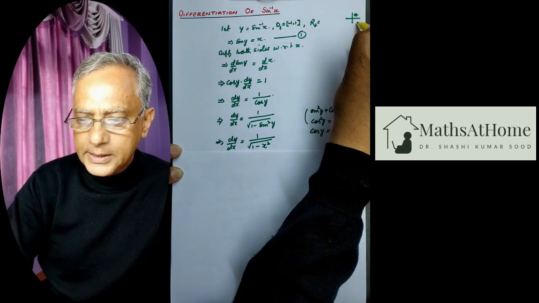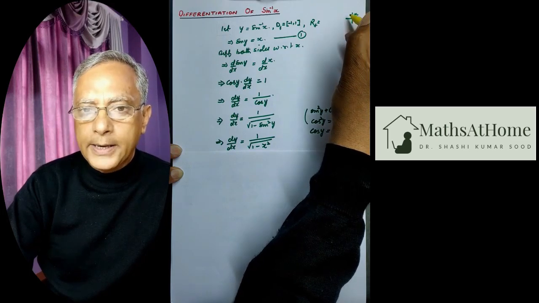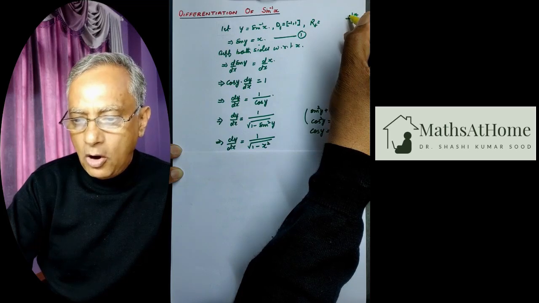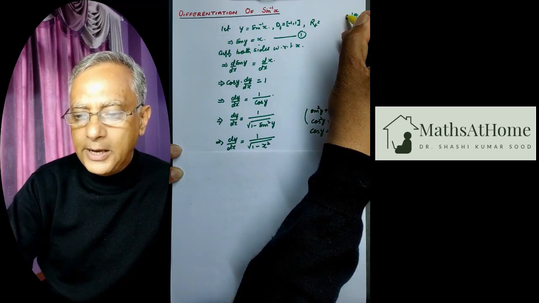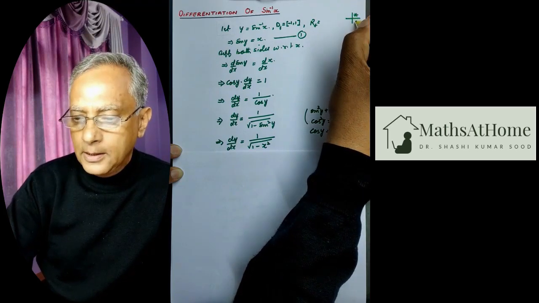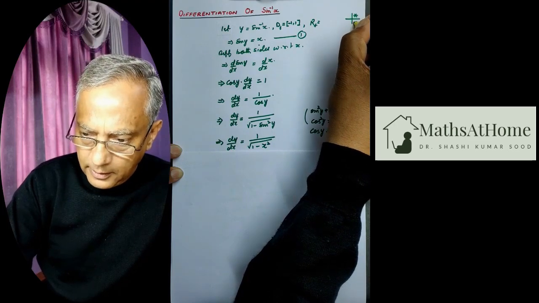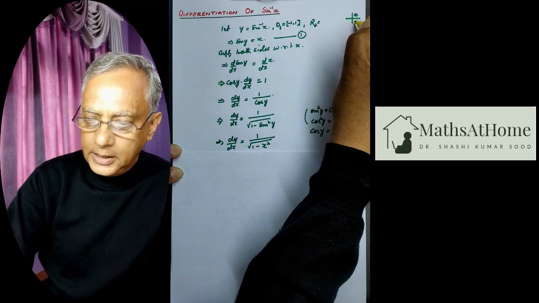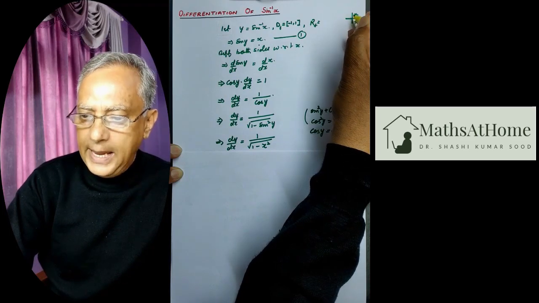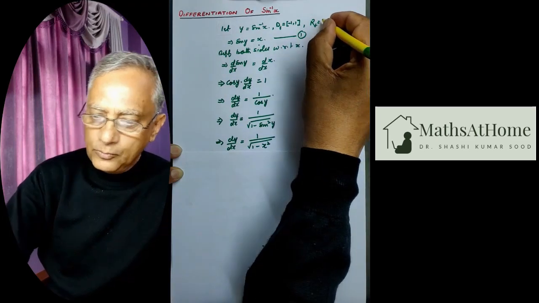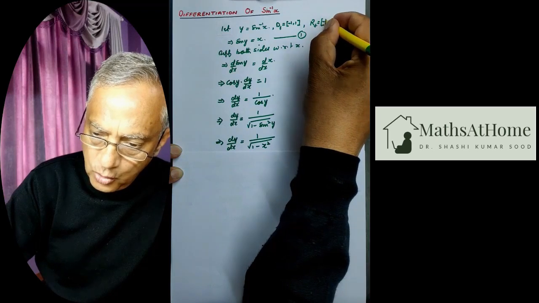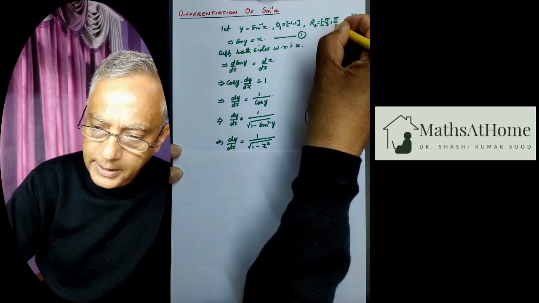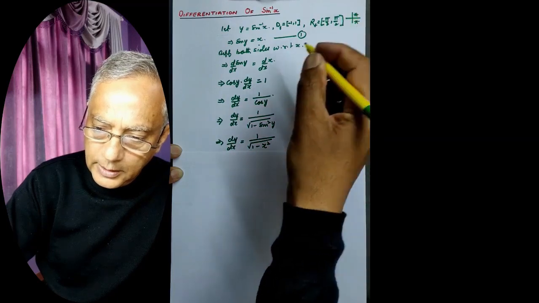So we are left with the second and fourth quadrant. In the second quadrant, sine is again positive, so we do not consider this because these values will be repeated. Therefore, negative values are taken from the fourth quadrant. Therefore, the range of sine inverse x should be minus pi by 2 to pi by 2.